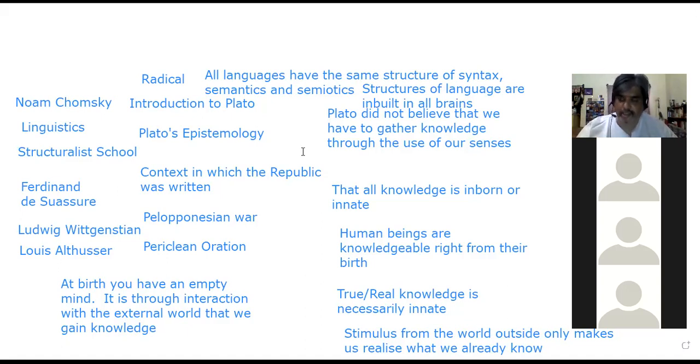So that's language. Language is nothing but sound. Jacques Derrida will tell you that writing is a subtype of sound. Language is sound production, and the structures of the sound production, they are built into our head at the time of birth.